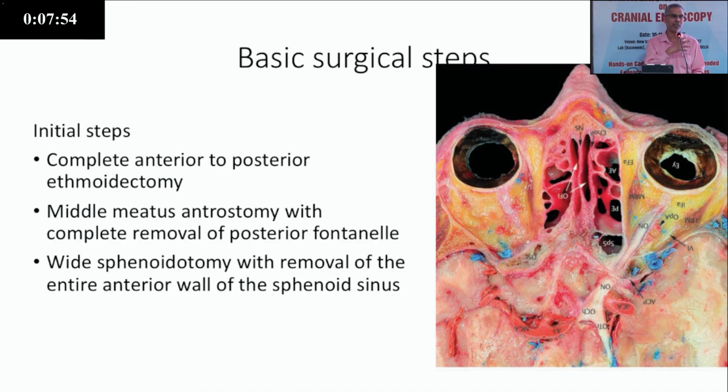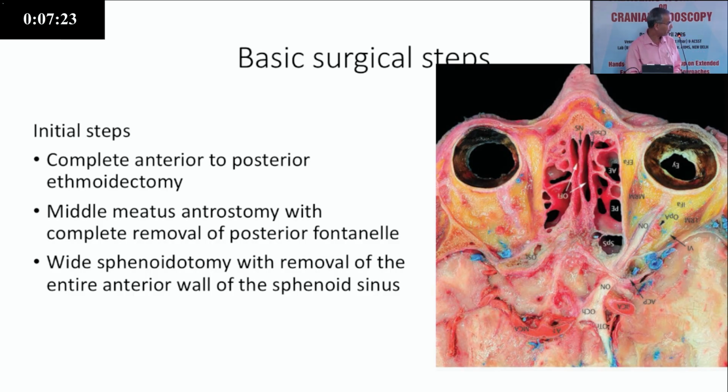Once you open the middle meatus ostia of the maxillary sinus, the inferior and medial wall is made by the lamina. Also remove the posterior fontanelle. The posterior wall of the maxillary sinus corresponds to the anterior wall of the sphenoid sinus. So that gives another clue where your sphenoid sinus is.